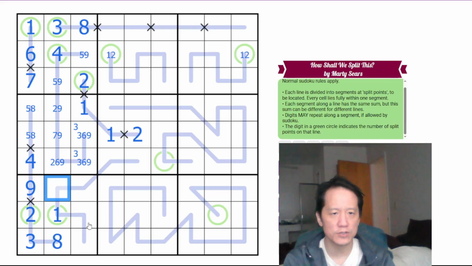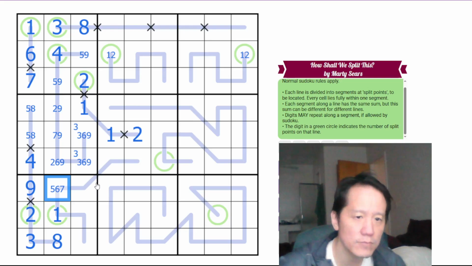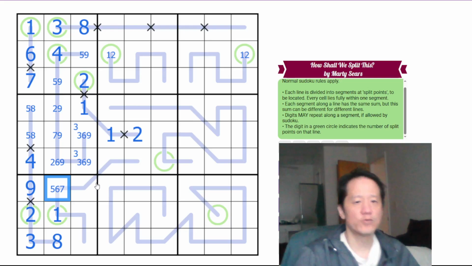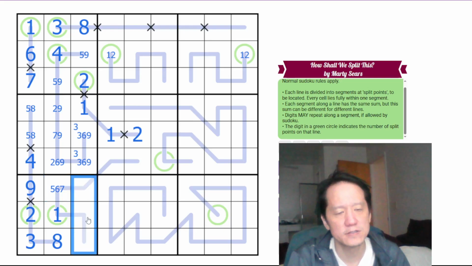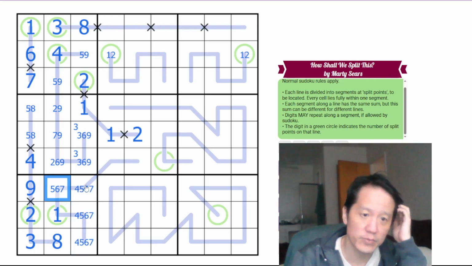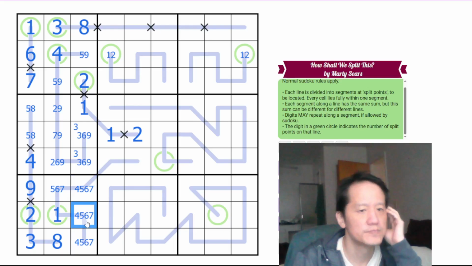What digits are these? They can be specifically 5, 6, and 7, I think, right? The remaining digits here are 5, 6, 7, 4, 5, 6, 7. But 4 cannot be here.